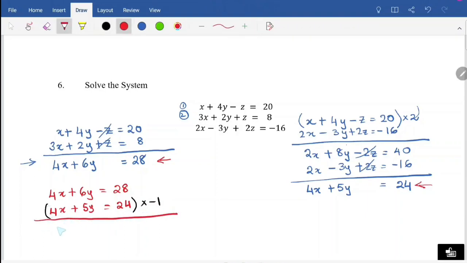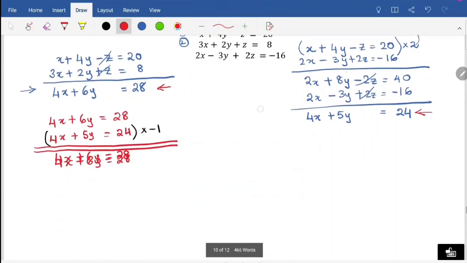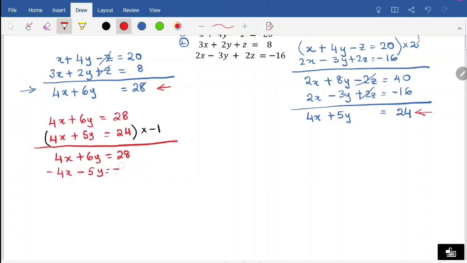The first one stays as is, so 4x plus 6y equals 28. And the second one, since I'm multiplying by -1, is going to become -4x minus 5y equals -24. Again, all the terms have to be multiplied by -1.